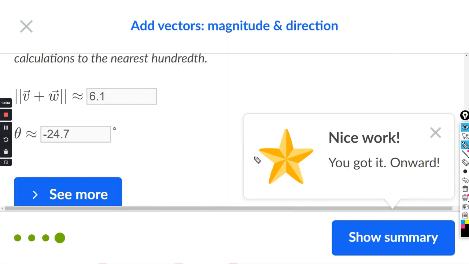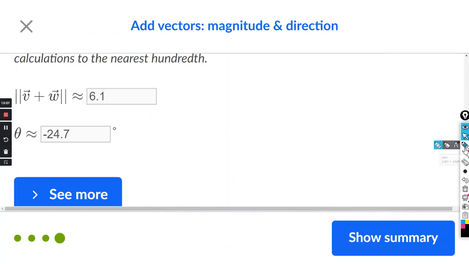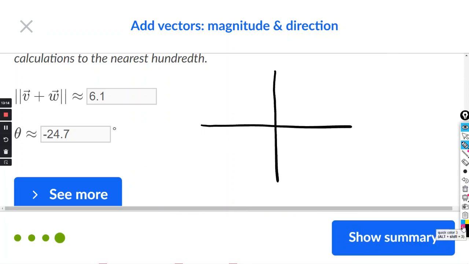Okay, just real quick, I'll show you. If you're on the graph, like so, and you have a vector like this, okay, the one angle for the vector on this side, if you do the inverse tan, the one for this angle right here is going to be the same for the one for this angle right here.